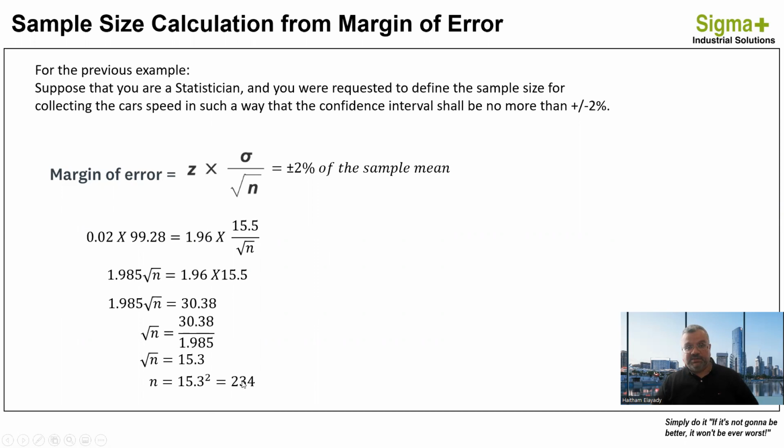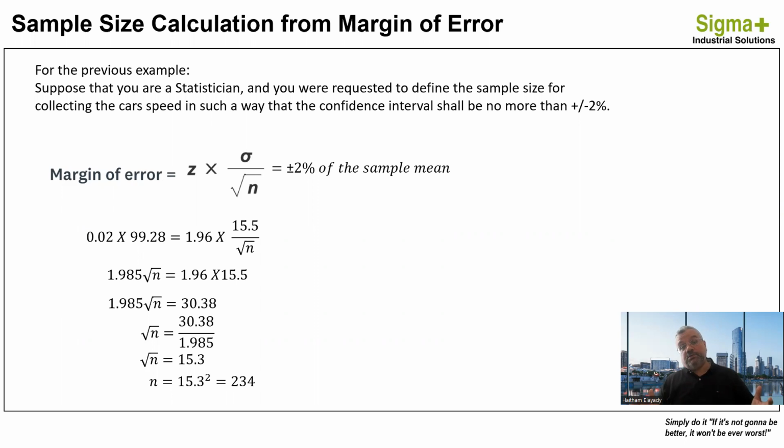So in this case, when I collect a sample size of 234 readings for the vehicle speeds, I will have much more accurate values for the speed of the vehicles, in such a way that the margin of error, instead of plus or minus 4%, is now plus or minus 2%.